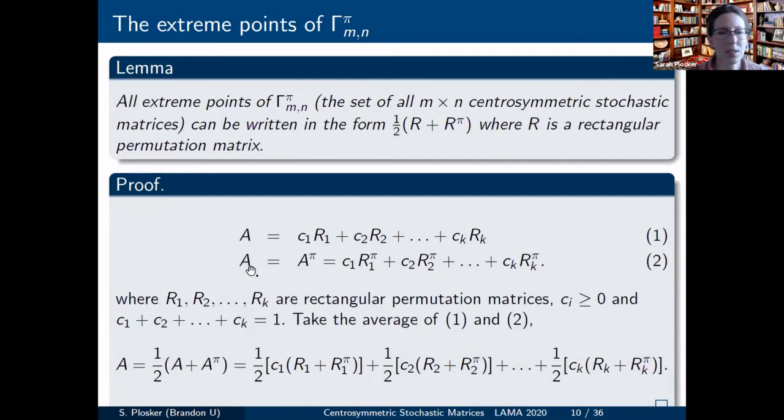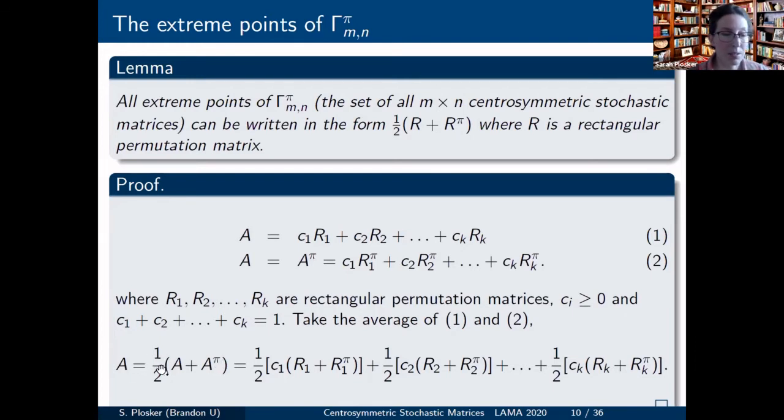But A is also centrosymmetric. So A is equal to A rotated by 180 degrees. And so we can actually just rotate each of the rectangular permutation matrices by 180 degrees and the convex coefficients stay the same. And then we just average them, and A, because it's centrosymmetric, it's equal to A pi.